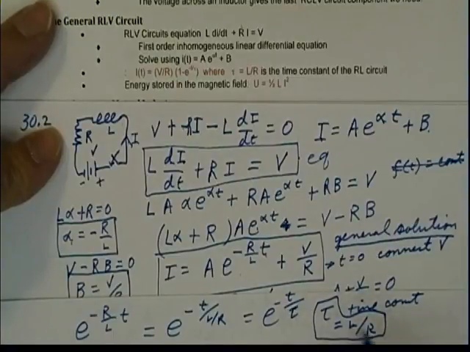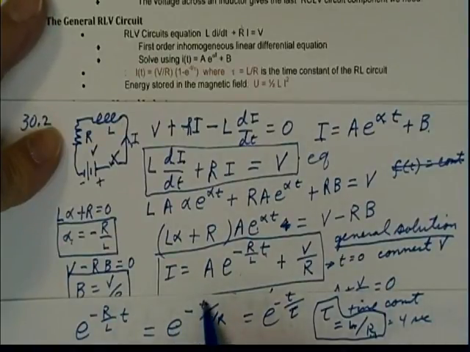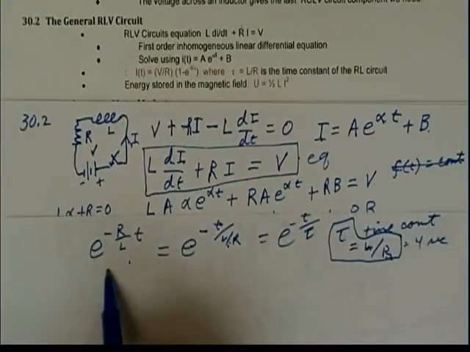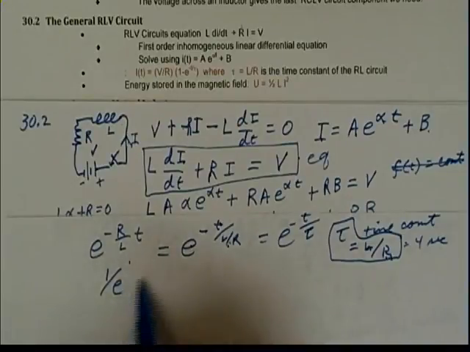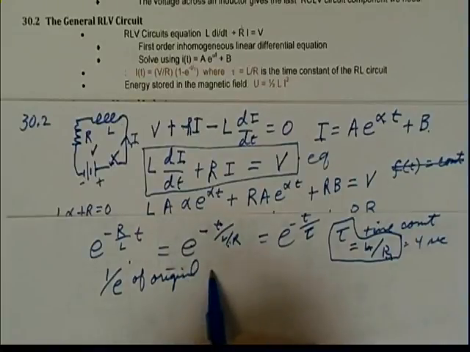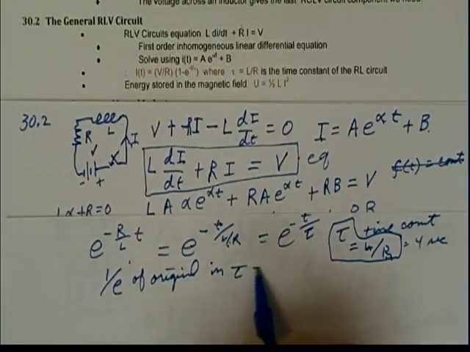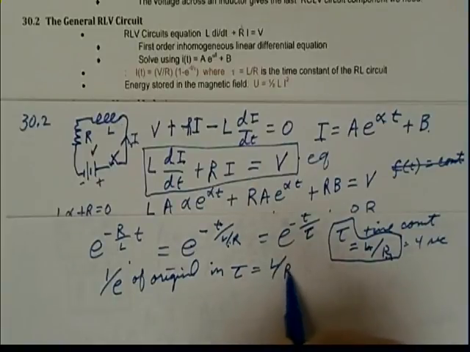Because in the amount of time L divided by R, whatever that ratio is, like maybe it's 4, what happens in a time of 4 seconds, if L over R is equal to 4, for example, it would mean that e to the minus t over 4, at a time of 4 seconds, over 4 seconds, becomes e to the minus 1, where it drops to what we call 1 over e of the original in a time tau is equal to L over R.